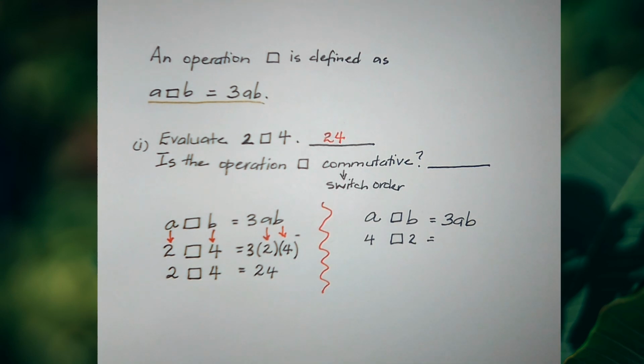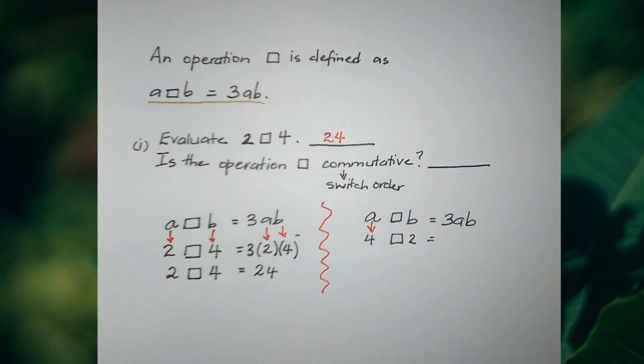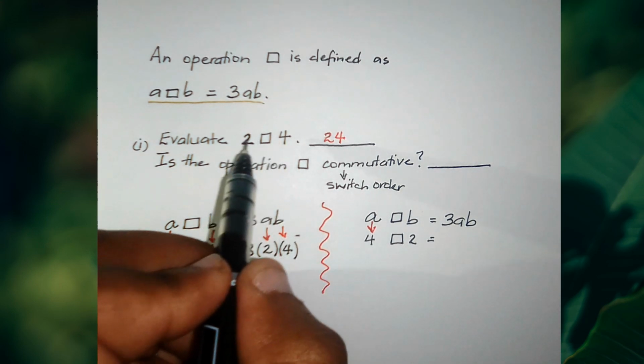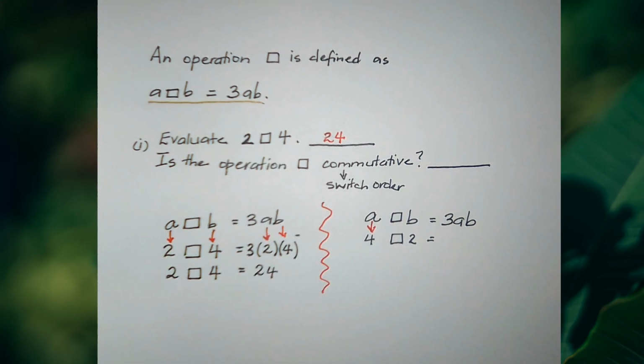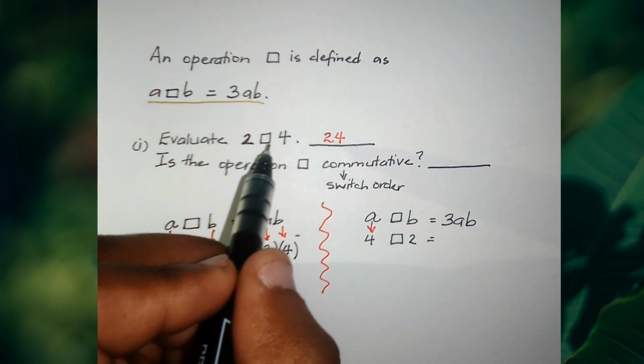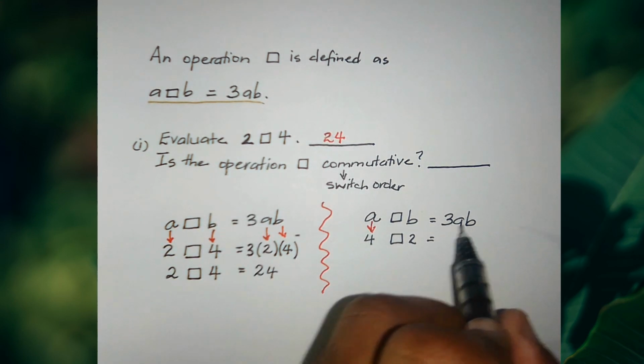So look what that does. Wherever we see A, we're going to put 4. Notice the only thing that I switched was the numbers. I didn't switch around the A and the B. I only switch around the numbers. So instead of 2 box 4, I have 4 box 2. What is the value of A now?